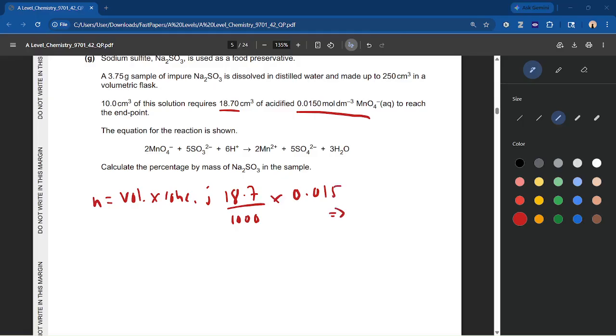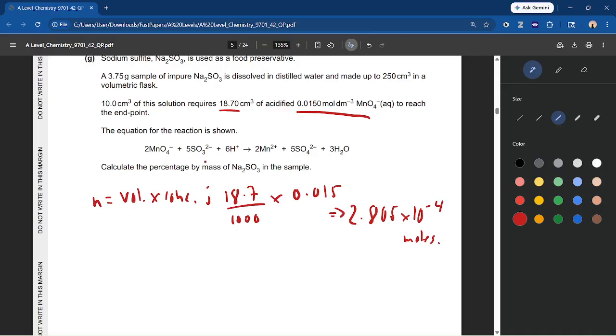Let me input that into my calculator. So 0.015 times 18.7 divided by 1,000 gives me 2.805 times 10 to the power minus 4 moles.